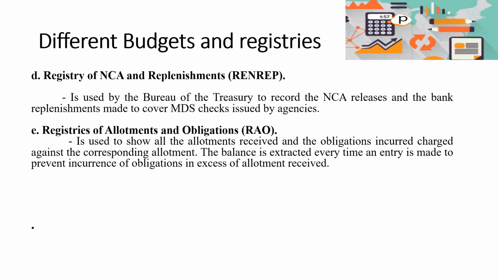Next, we also have the Registry of Allotment and Obligation. This one naman is used to show all the allotment received and the obligation incurred charges against the corresponding allotment. The balance is extracted every time an entry is made to prevent incurrence of obligation in excess of the allotment.